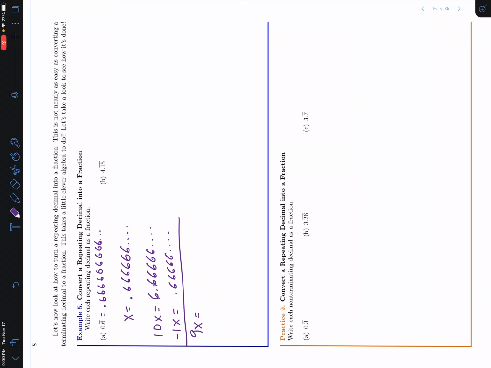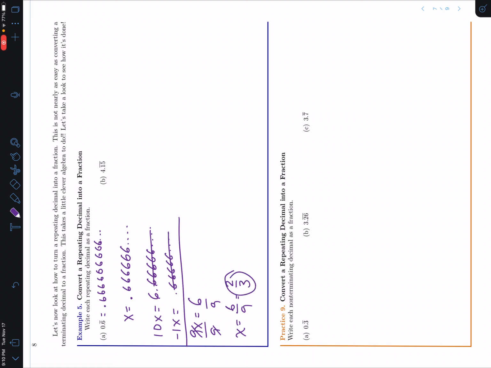Yeah, exactly, because everything to the right of that decimal is exactly the same, so they just cancel out. In the end, all that's left on the right-hand side is just plain old 6. And so now if I divide this by 9, I see that x is the same thing as 6 over 9, which in reduced form would be 2/3.